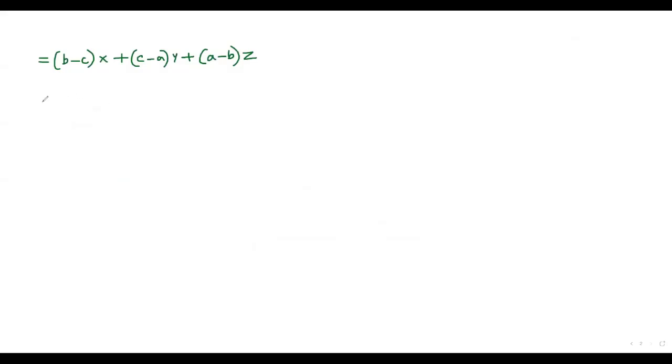Okay, let me do it. So then we get (b − c) times, for x, k times (b + c − a), and plus (c − a) times y. For this y, we can plug in k times (c + a − b), and plus (a − b) times z.